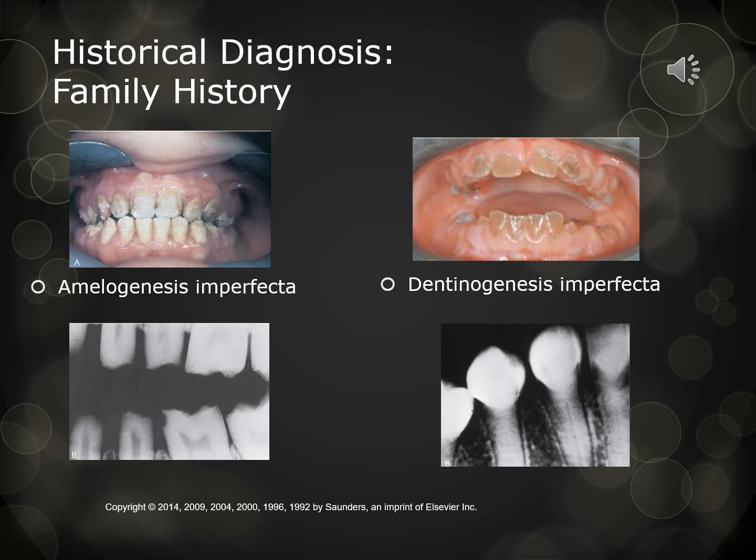It also occurs in other parts of the body, and this is genetic, and so it goes back to the family history. Another genetic disorder, going back to the family history, is dentinogenesis imperfecta. And this is where you're having the lack of dentin.